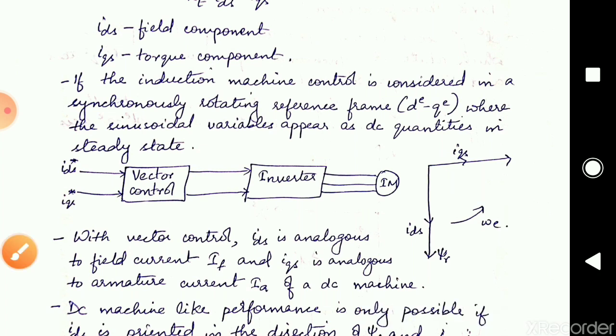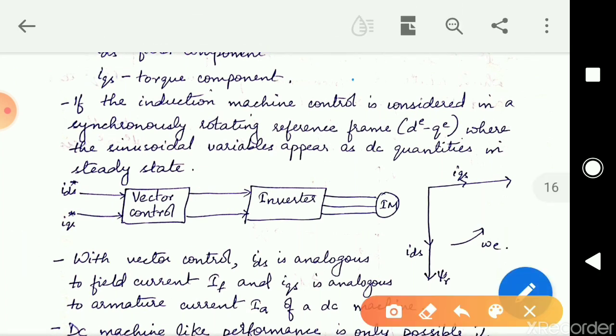So, automatically you can say IDS is equal to cos 90 into IQS. What is cos 90? Cos 90 is 0. So that means there is no component of IQS within IDS.